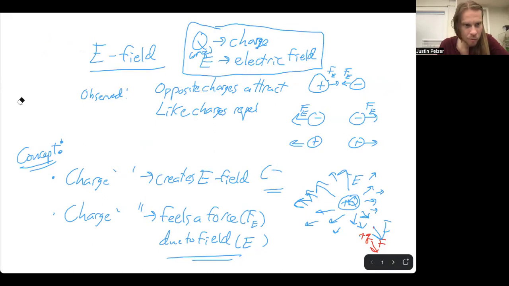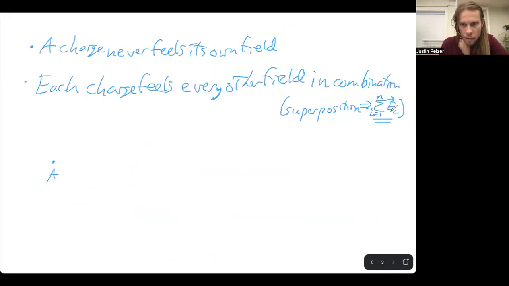Sorry to erase and redo. It's going to fit with my notes a little better. Charge 1, and then charge 2 feels the force. So this is 1, and that makes a little more sense. I equals 1 to n. Let's say we have a point A in space. So charge 1 is here, it's creating a field.